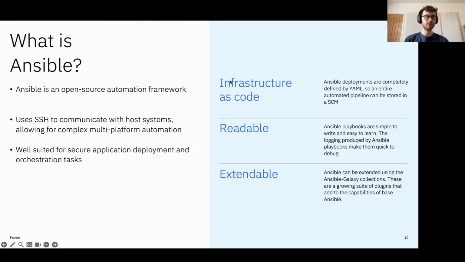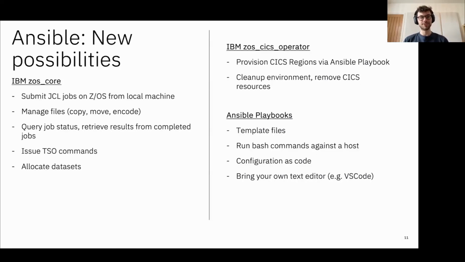Now, I want to introduce the first of the new possibilities which are offered in the Ansible space by the IBM Ansible team. And I'm going to be showing how we've used these collections in our modernized build pipeline.